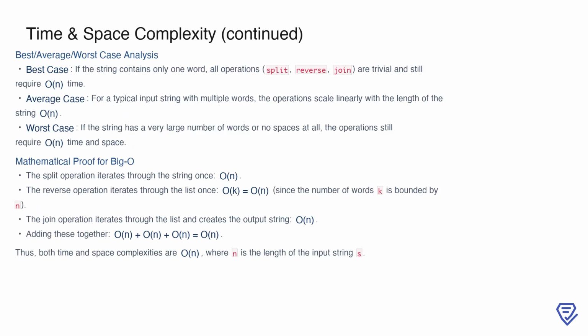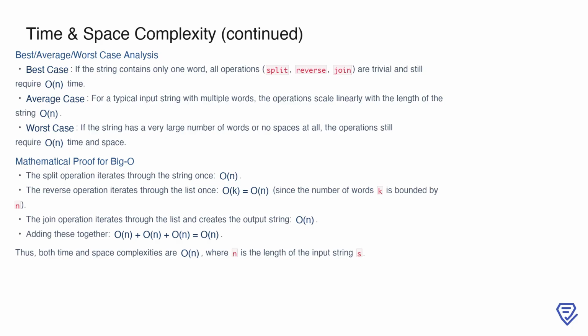Finally, let's break down the time and space complexity across different cases. In the best-case scenario, where the input string contains only one word, the operations are trivial but still execute in O(n) time. For a typical input with multiple words, the time complexity remains linear since all operations scale with the string length. Even in the worst-case scenario, where the string is extremely large or contains no spaces, the solution's time complexity is still O(n).